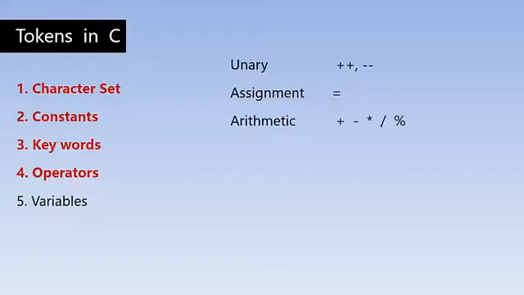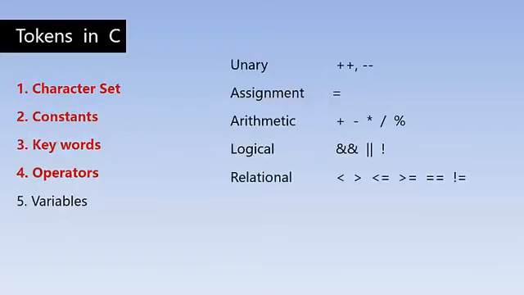Arithmetic operators. These are the basic arithmetic operators: plus for addition, minus for subtraction, star for multiplication, forward slash for division, and a percent symbol for modulus operation. There are three logical operators: logical AND, logical OR, and logical NOT, which we'll be using in performing logical operations.